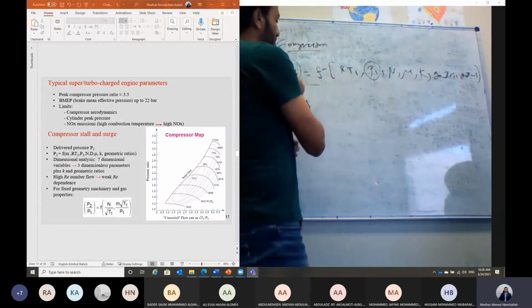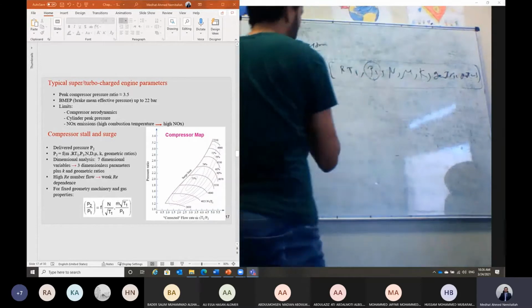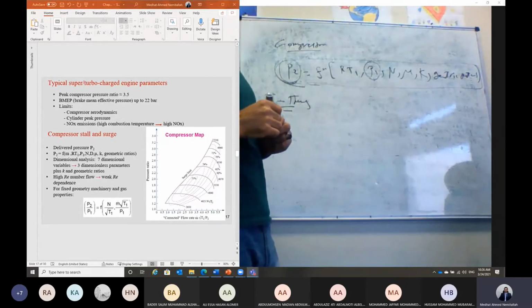If you have one parameter that depends on many parameters, we can recombine them in a dimensionless form.